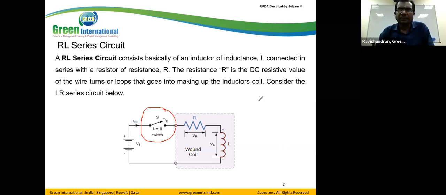In general, in the circuit we have R and L connected with a DC source. So this is the RL series circuit with a DC input. Now I introduce one switch.